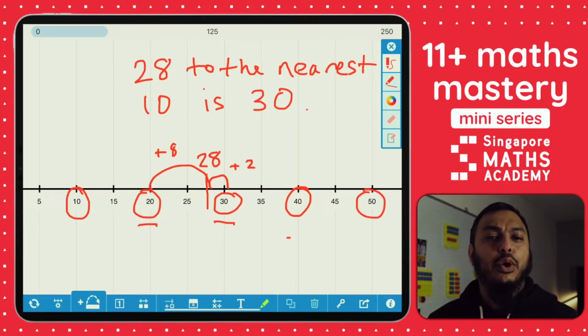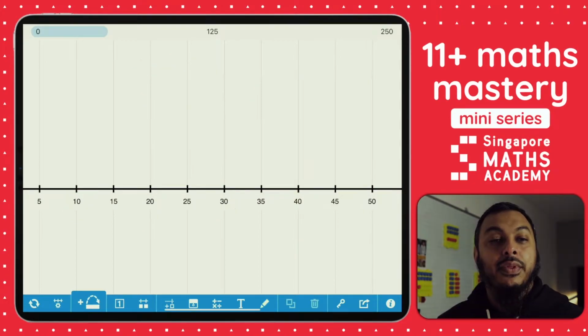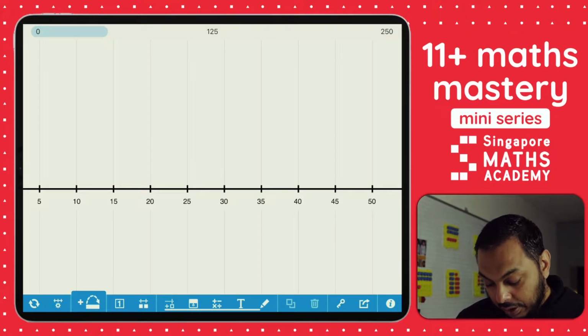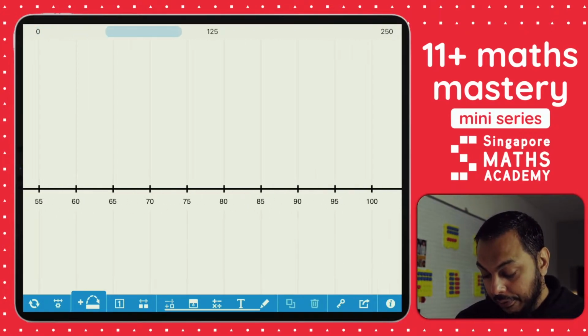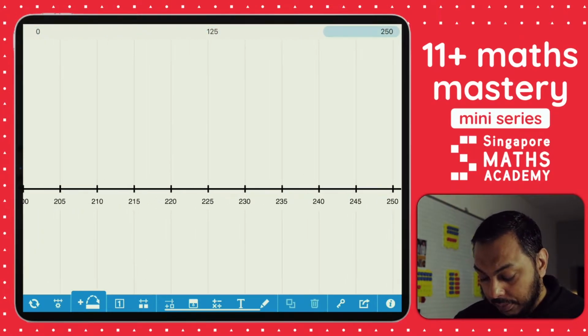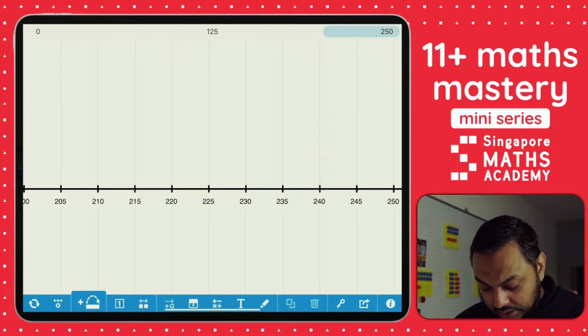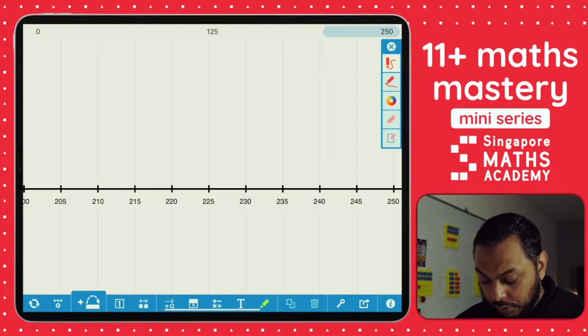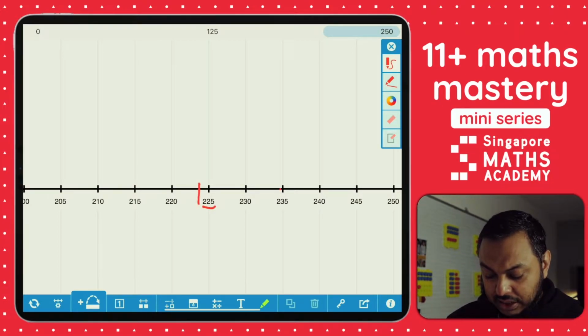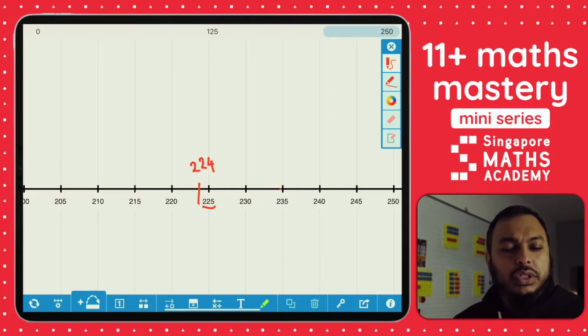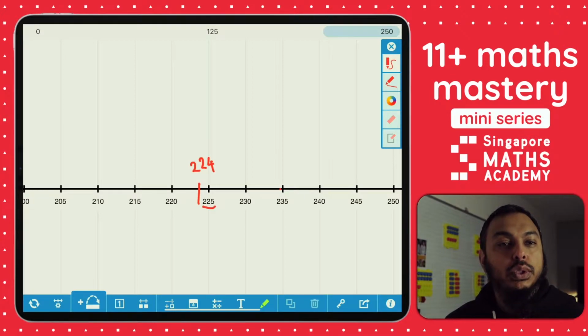Let's have another go with a different number now. Let's say we've got a large number, 224. Where's 224? 224 must be before 225. So let's say 224 is here. I want to round 224 to the nearest 10.